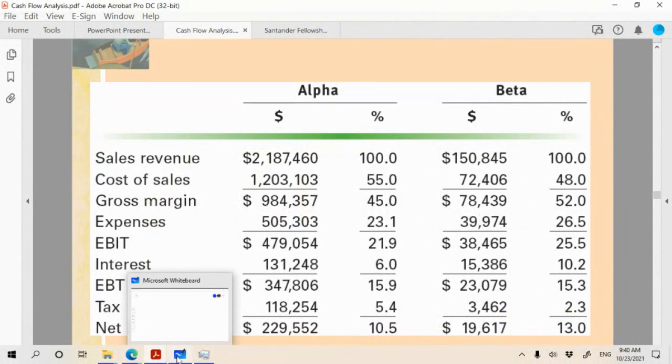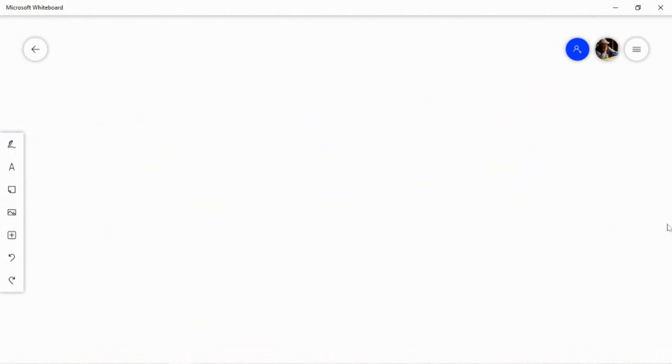Net profit is the difference between equity at time 0 and equity at time 1, right? Equity at time 1 is equity at time 0 plus EAT.